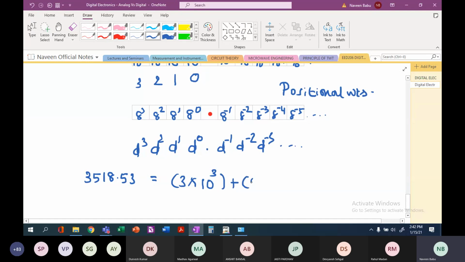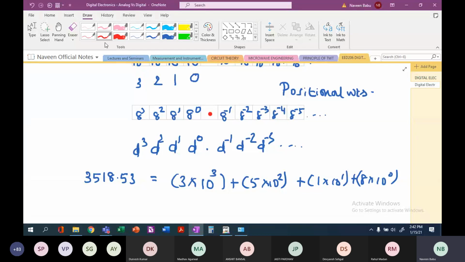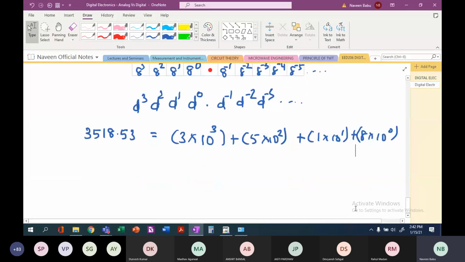Similarly, 5 multiplied by 10 power 2, plus 1 multiplied by 10 power 1, plus 8 multiplied by 10 power 0. Now the fractional part, dot, 5 multiplied by 10 power minus 1, plus 3 multiplied by 10 power minus 2.